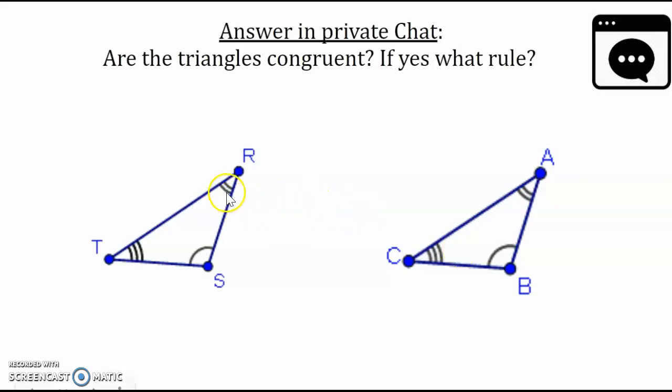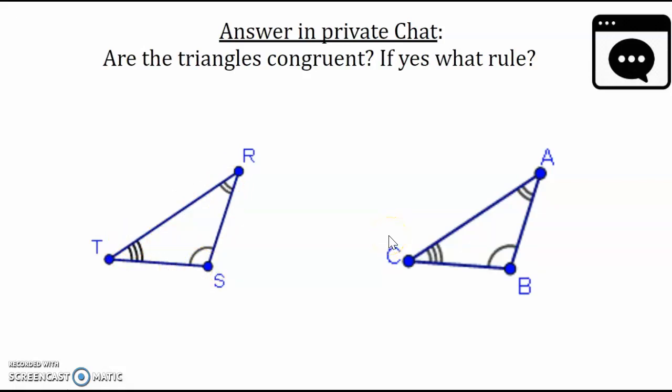And this angle R and angle A, because they both have 2 arc here and 2 arc here, we're dealing with angle measures and they are exactly the same. And then third, we have 3 arc here, 3 arc here. That means angle T and angle C, the measures are exactly the same. So in this case, we have 3 pairs of congruent angles.